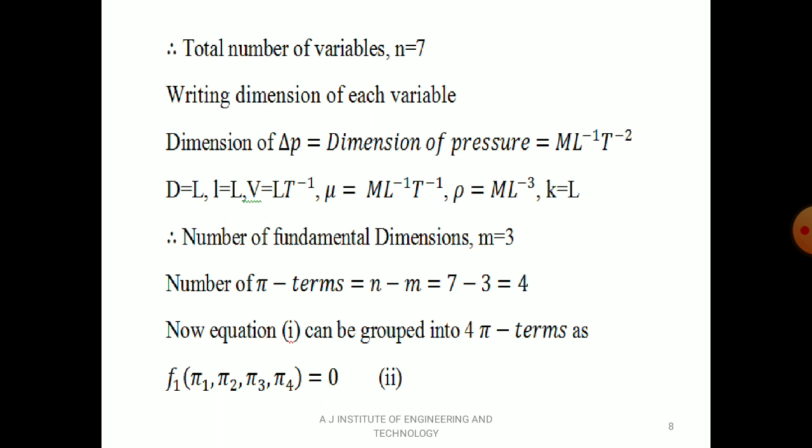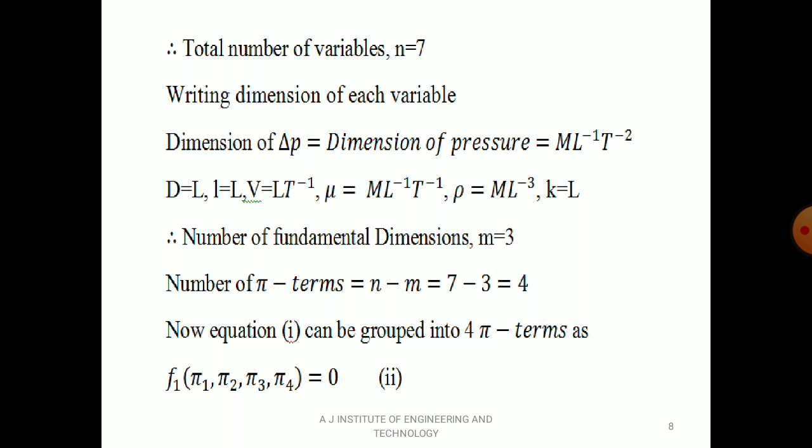Therefore we can write the number of fundamental dimensions m equal to 3, because in the dimensions of the various variables we have M, L and T. Therefore the number of pi terms is n minus m from Buckingham Pi theorem, that is 7 minus 3, which equals 4.